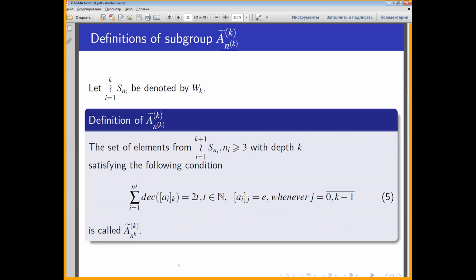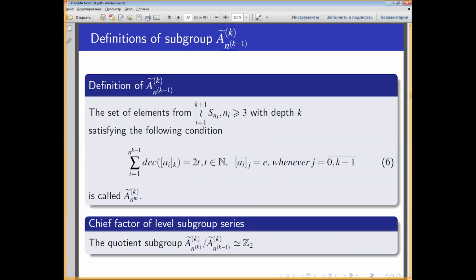And also we can generalize it to A tilde k n power k, which is defined by the following condition. Absolutely similar. Also, A tilde k n power m, and the following quotient A tilde k n power k by A tilde k n power k minus 1 is isomorphic to Z2.